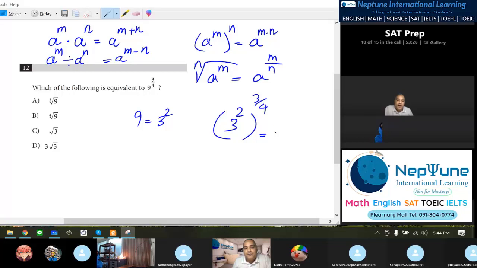Well, I don't have the answer here. So I need to think carefully. This is 2 over 2 plus 1 over 2. That is 3 over 2. But I know that when I add them, because it was multiplied, I can go back. That is 3 to the power of 2 over 2 times 3 to the power of 1 over 2. 3 to the power of 1 is just 3.